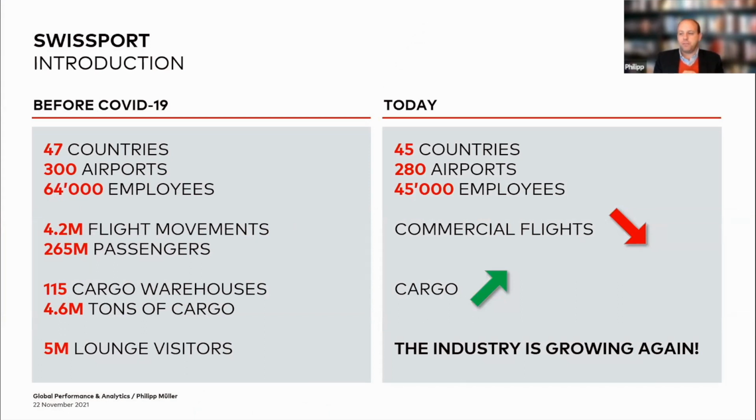Mainly, not only, but in commercial aviation, where you may, as a passenger, get in contact with our check-in agents and our colleagues that load and unload your baggage, but also we're the second biggest company worldwide in terms of cargo freight. We operate lounges. We had some 5 million visitors before COVID, not last year, but before COVID.